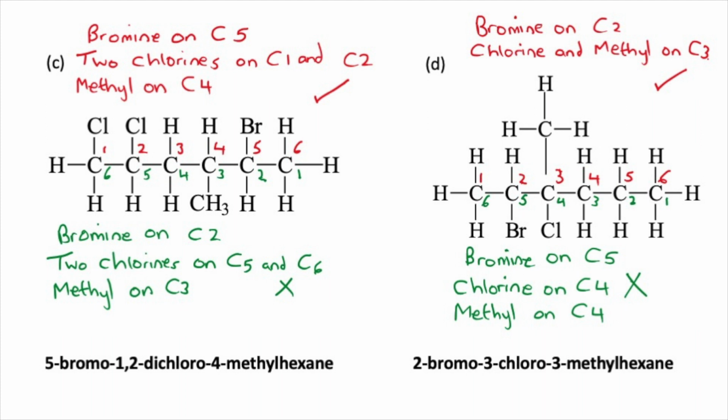So if I'm now going to name this compound, I have to put the substituents in alphabetical order. The first one I'm going to put down is bromo, and the bromine is on carbon 5, so it would be 5-bromo, and then chlorine comes next alphabetically, so it's 5-bromo-1,2-dichloro, because there are 2 chlorines, and then the last substituent alphabetically is the methyl group, so it would be 5-bromo-1,2-dichloro-4-methylhexane.